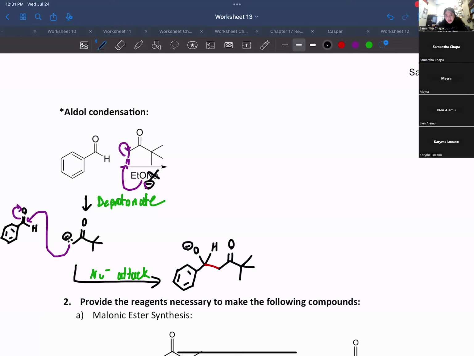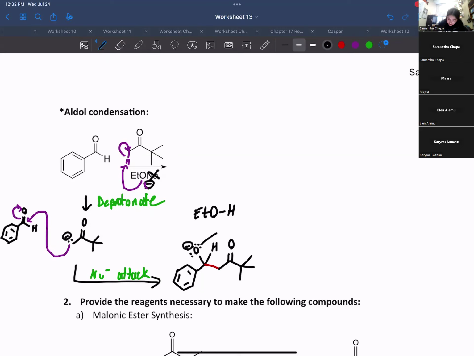So from here, when you see an oxyanion, the next thing you do is neutralize the compound. So you use your conjugate acid. I made a conjugate acid over here, where ethoxide deprotonates the hydrogen and you get ethanol.